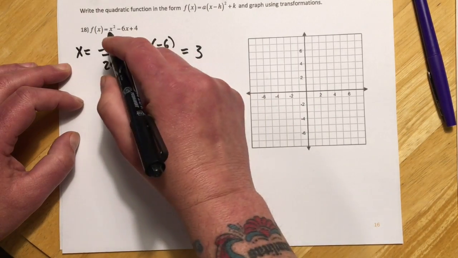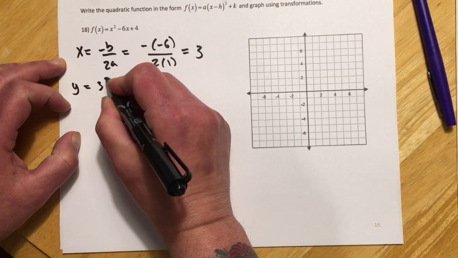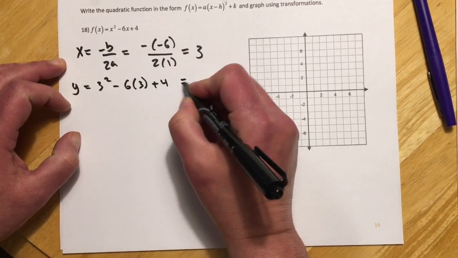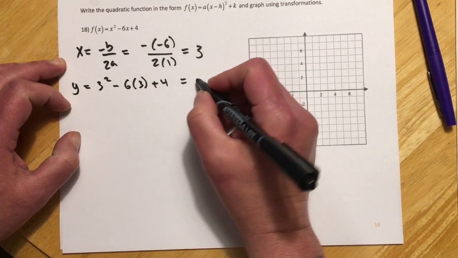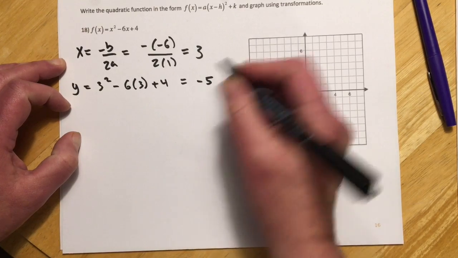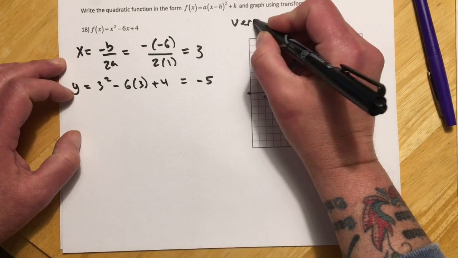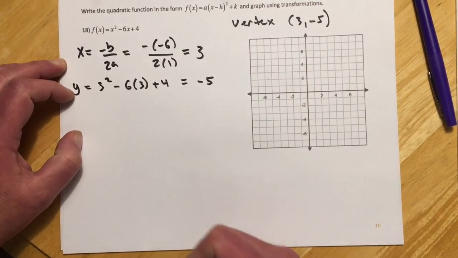Once I know this, I can plug it back in and get the y. So y will equal 3 squared minus 6 times 3 plus 4. 9 minus 18 plus 4 should be negative 5. And so that puts our vertex at 3, negative 5.